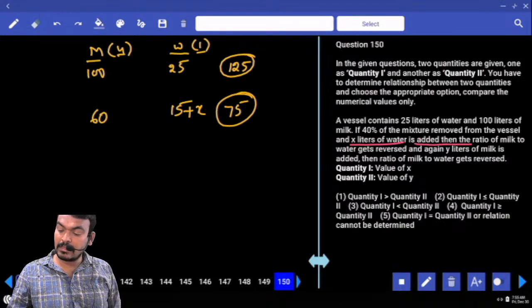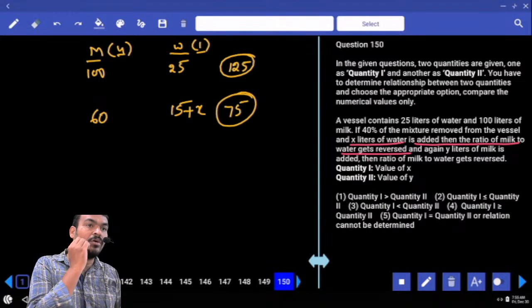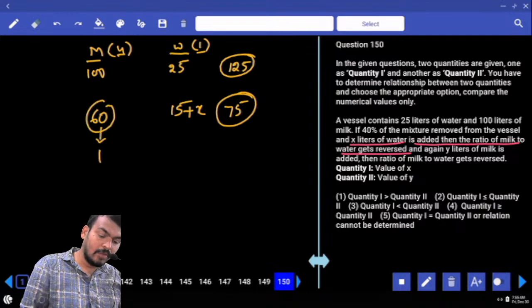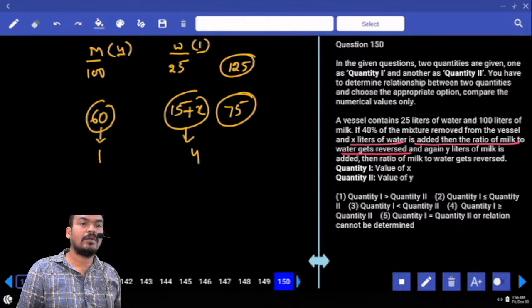After adding x liters of water, the ratio of milk to water gets reversed. Reversed means 60 represents 1 part and 15 plus x represents 4 parts. What is the 1 part value? 60. 4 parts value is 240.